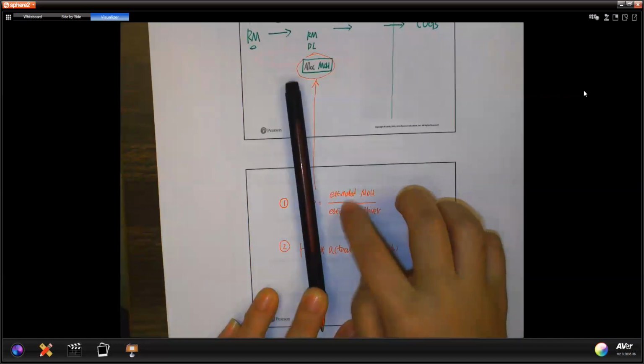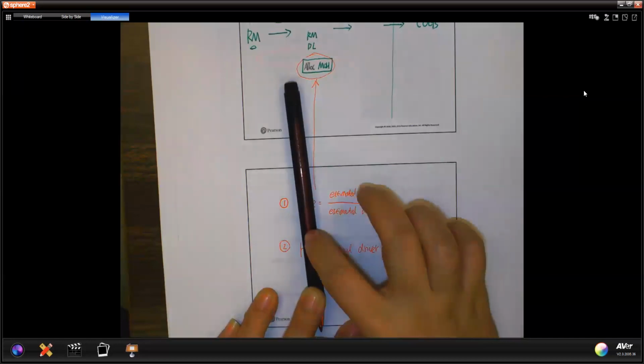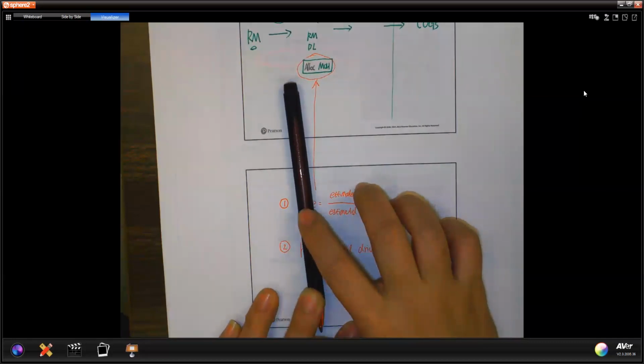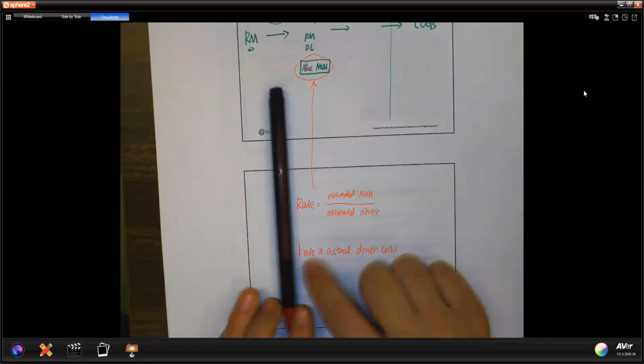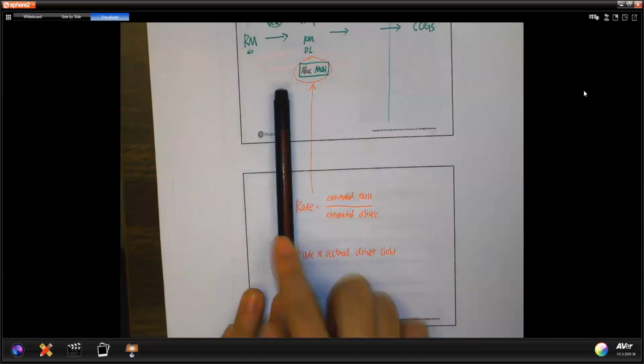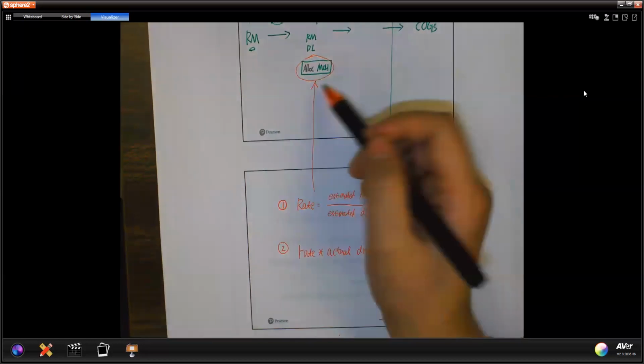And then for this specific job, this specific red pen, let's say it takes two direct labor hours to make this red pen. So we use that rate times these 2 hours to get our allocated manufacturing overhead.